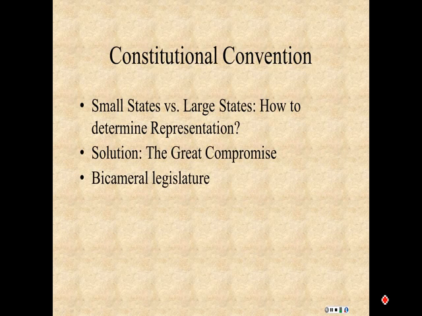So all states got the same equal representation in the Senate, and of course that meant that all states had the same authority in terms of passing laws, because a little state like New Hampshire could block an initiative by a big state like Virginia or New York in the Senate, where they had equal representation. And yet big states like Virginia and New York had more power in the lower chamber, the House of Representatives.